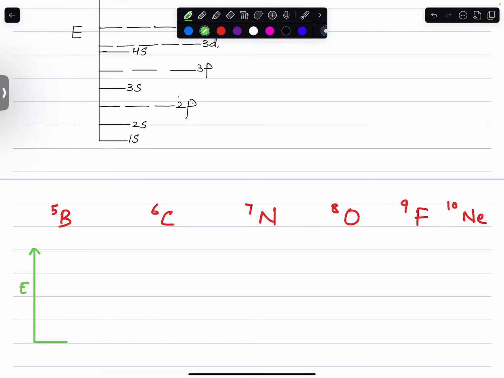So 1s, then 2s, and then 2p. Look, it's not good at all. I don't like it.